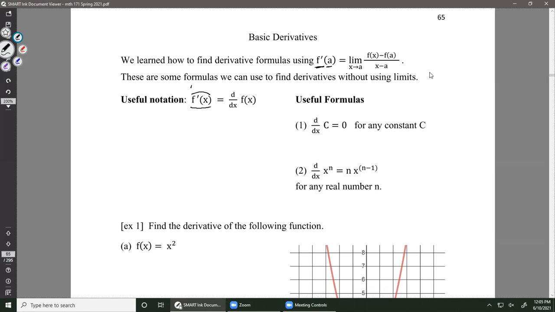We say this is f prime of x. What it is, is the derivative of f of x. And we have that equal to d over dx of f of x. And what this notation is saying is this first d is the derivative.